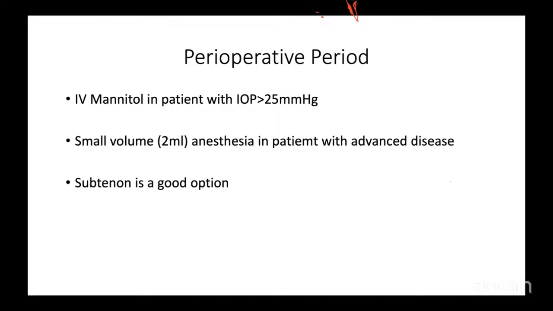And in my practice, that's what I do. I remember when I did my fellowship in Germany, my trainer would make sure that when closing the wound, he particularly catches tenons and conjunctiva and puts them together.